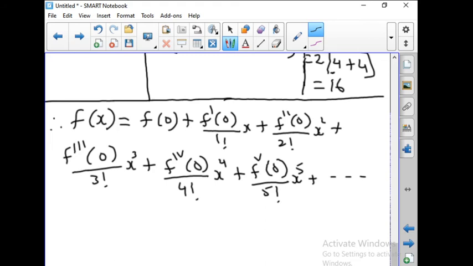So, இப்போ substitute பண்ணுங்க. What is f of x? Tan x. So, tan x is equal to f of 0 is 0. அடுத்தது f dash of 0 is 1.